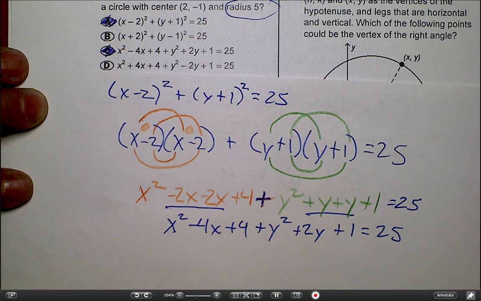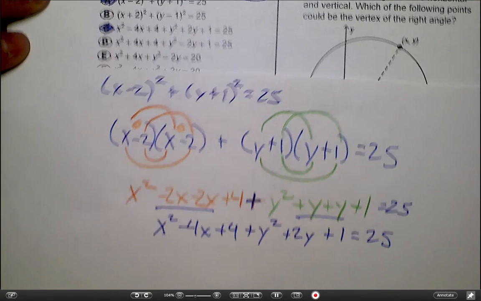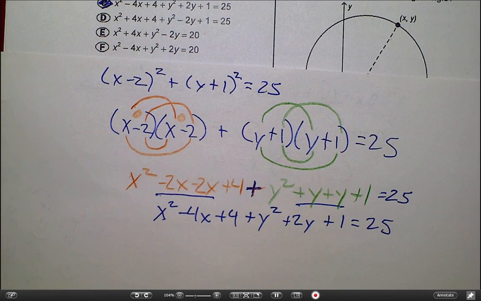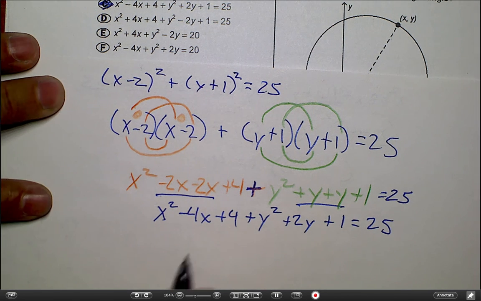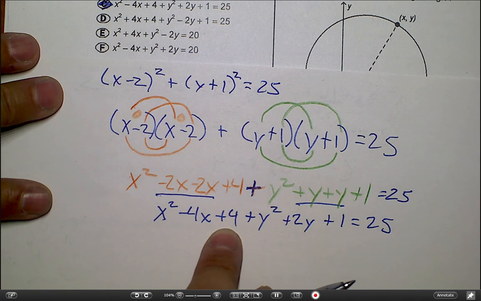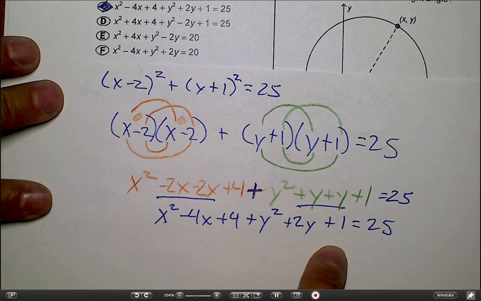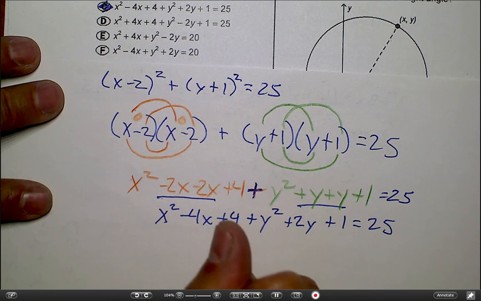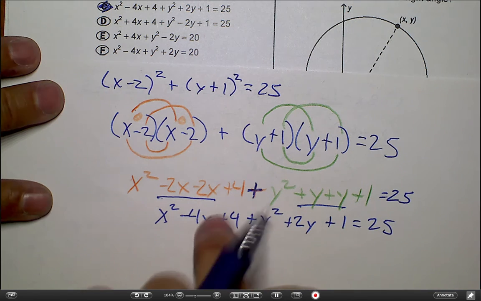Alright, now let's look at the next one. It's going to be either E or F, so we're going to rearrange it now. So, what am I going to do to the 4? Add to the 1. Subtract. So it's going to be 5 here, right? Then you subtract from both sides.